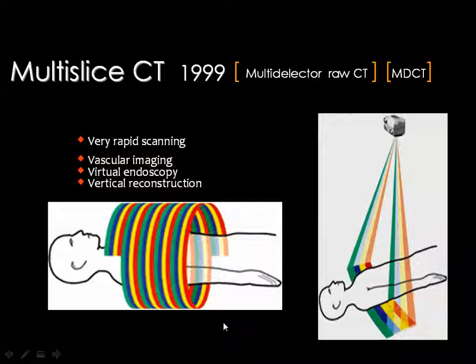And the machine is either designed, or you put your own examination protocol, and there should be some delay time between the injection of contrast media and the scanning in order to allow the contrast to reach the desired vessel. Then you have the images, and you reconstruct as you like, as I will show you.